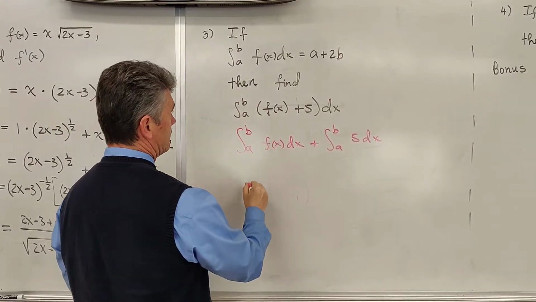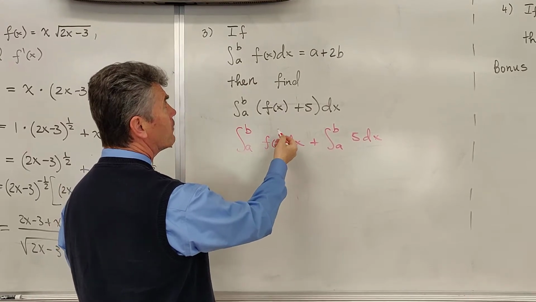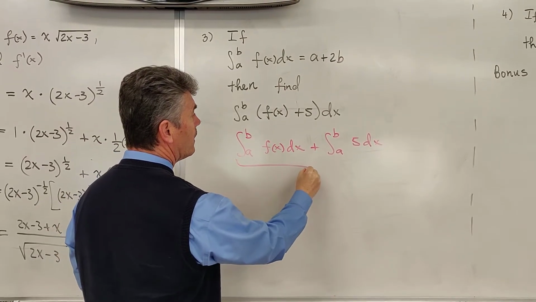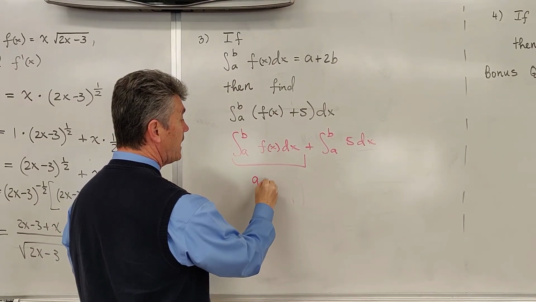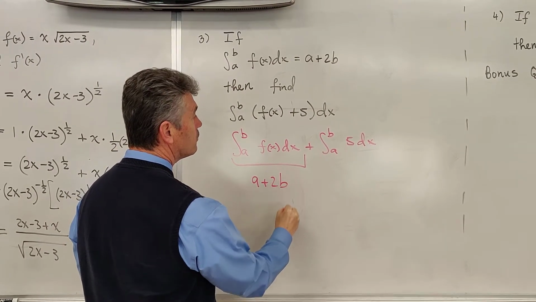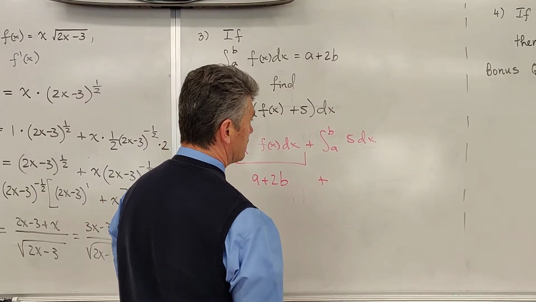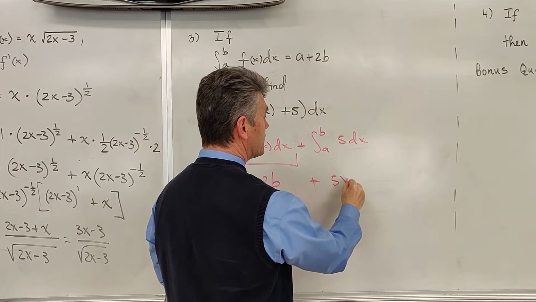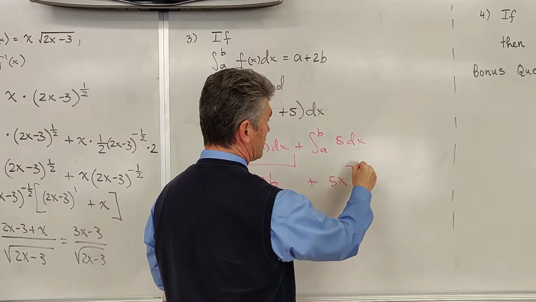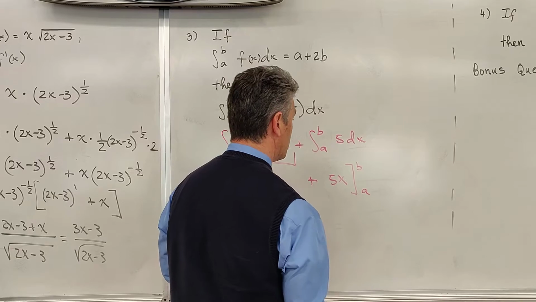This is the first one we already know what the integral from a to b of f of x dx is. It is a plus 2b plus, for the second one, the antiderivative of 5 is 5x. The upper limit is b, the lower limit is a.